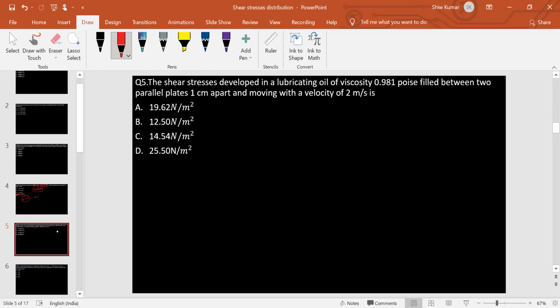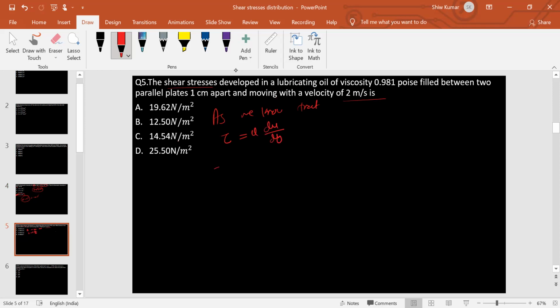Next, question number 5. The shear stress developed in a lubricating oil of viscosity 0.981 poise filled between parallel plates 1 centimeter apart, moving with a velocity of 2 meters per second. We need to find the shear stress. So I'll go by Newton's law of viscosity. As we know, the shear stress is directly proportional to the velocity gradient, given as mu into du by dy.